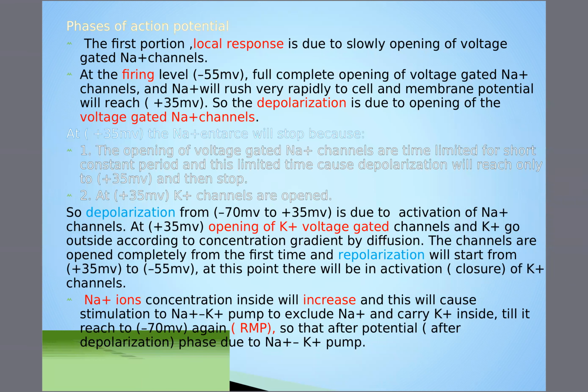So depolarization from about minus 70 to about positive 35 millivolts is due to activation of the sodium channel. At about positive 35 millivolts, the sodium channel closes, and potassium goes outside along the concentration gradient by diffusion.